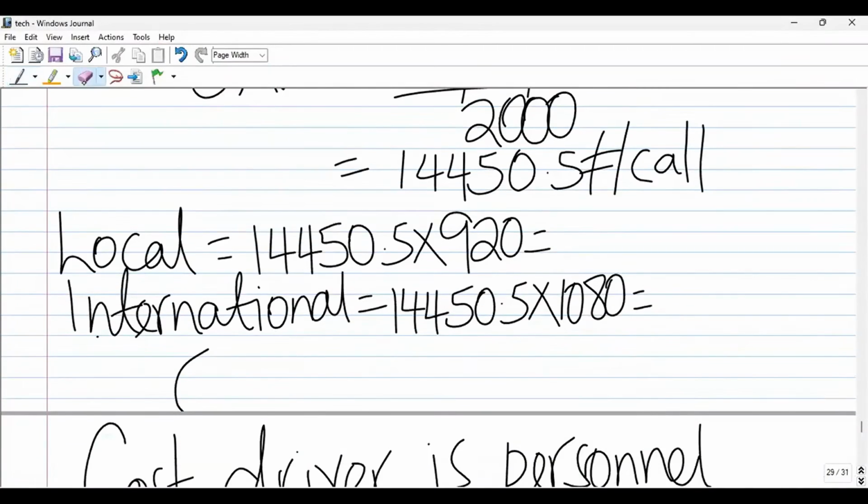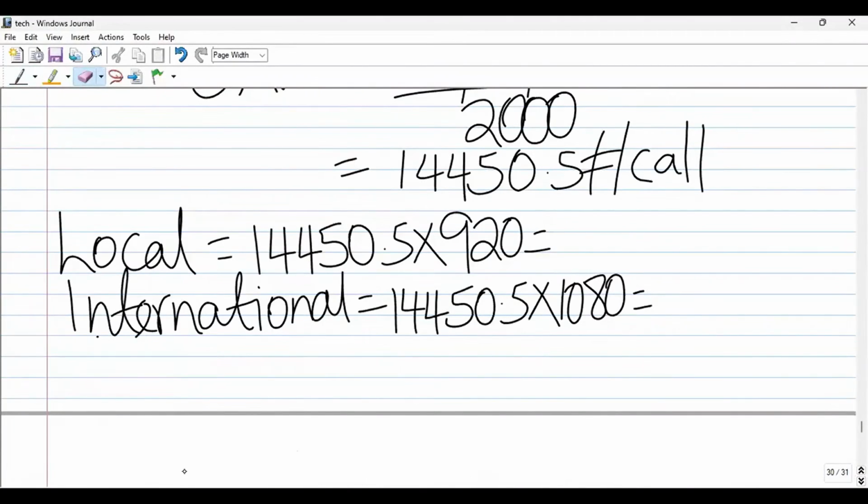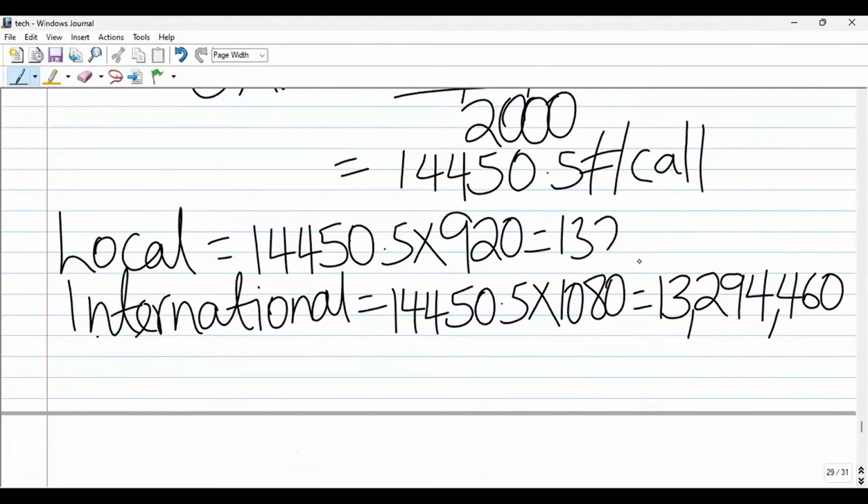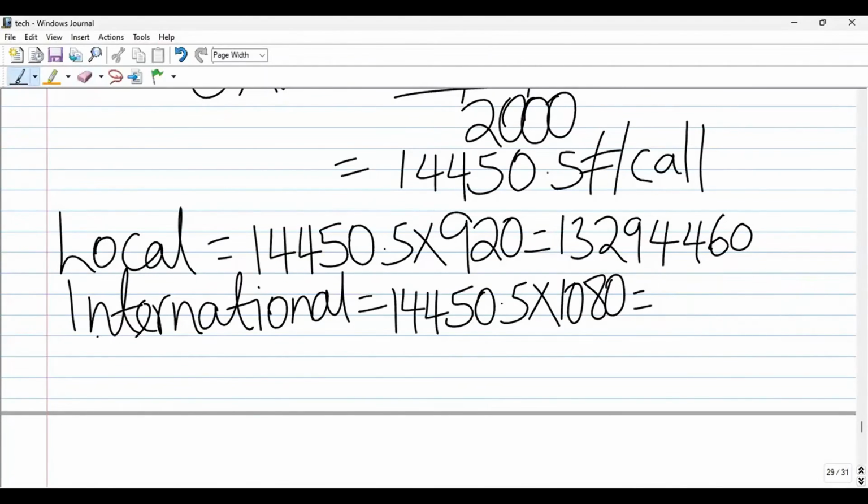For local, we have 13,294,460. Then international, 15,606,540.